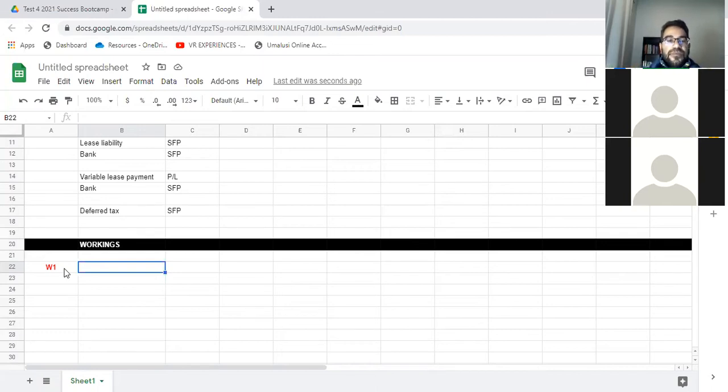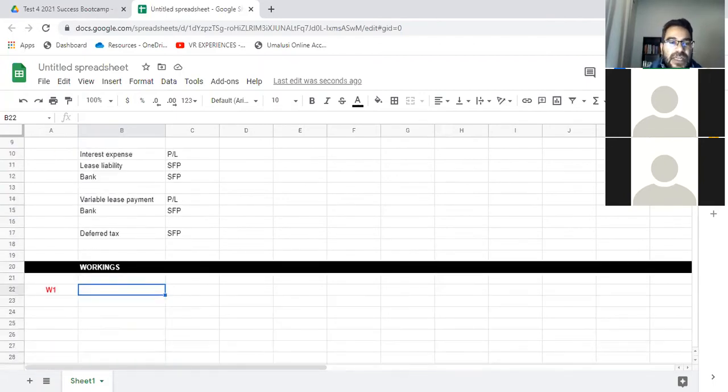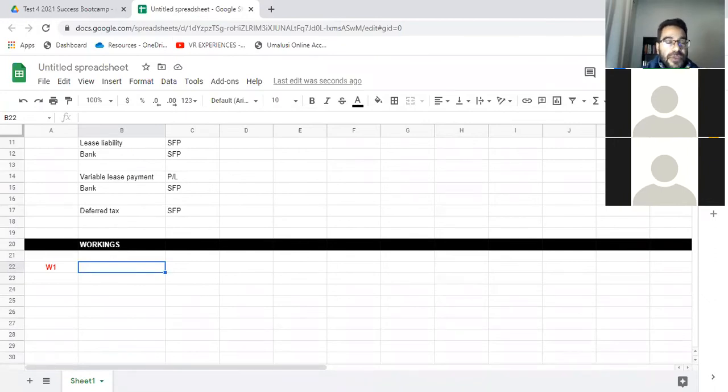So for me, when we want to do this journal entry above, right of use asset, lease liability, I know that means I need to calculate the right of use asset, and that means I need to calculate the lease liability. So for me to determine the right of use asset, I tell myself the right of use asset includes 4 components. What are the 4 components? It is the lease liability. It is initial direct costs.